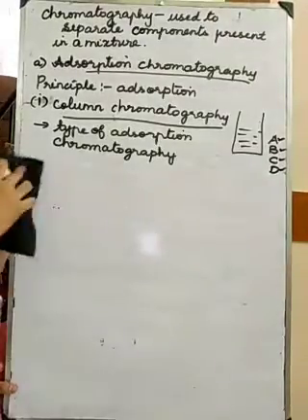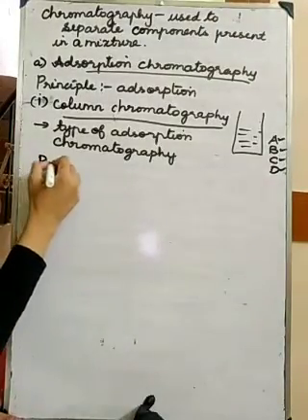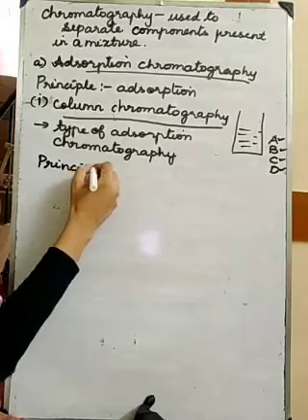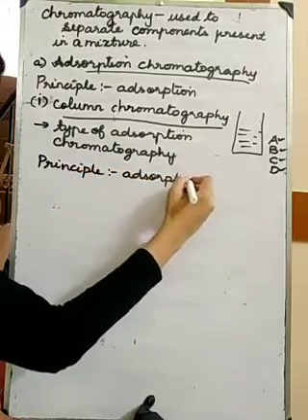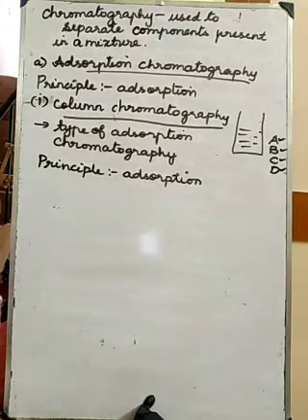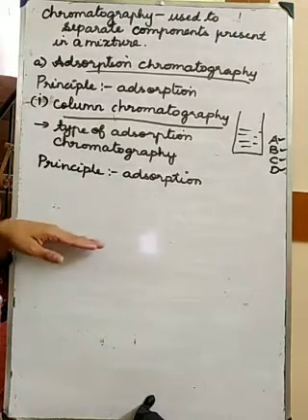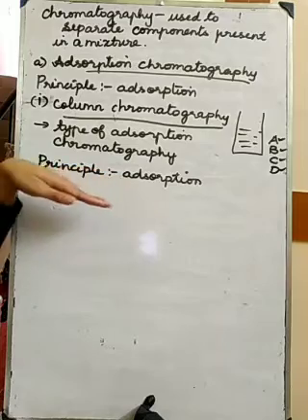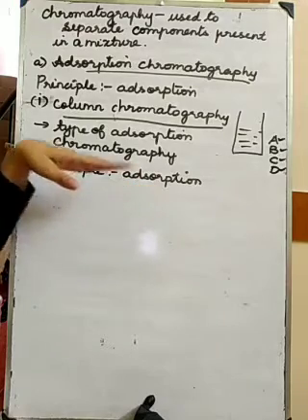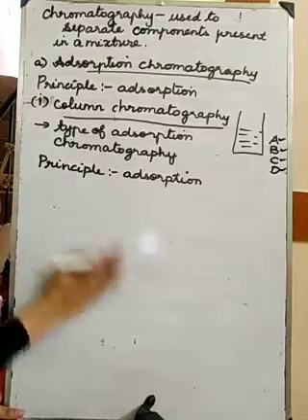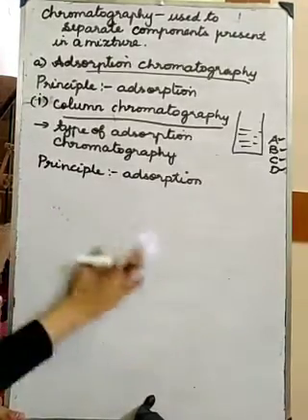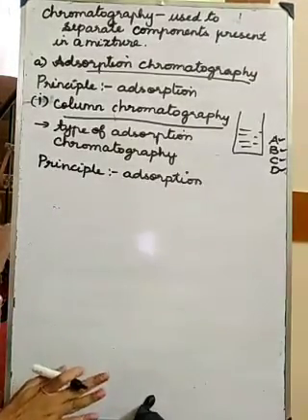So it is a type of adsorption chromatography means what is the principle used here? The principle is adsorption. What does this mean? Principle is adsorption means what is the meaning? One substance will be attracted. It will be attached to the top of another substance. How we will do this? I will explain with the help of example, then you can understand it.